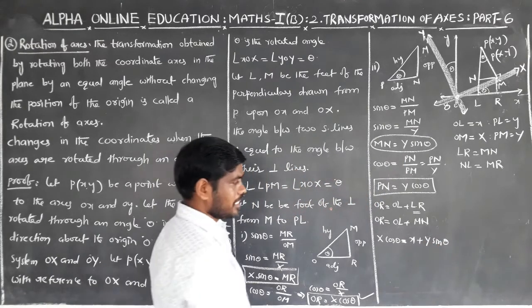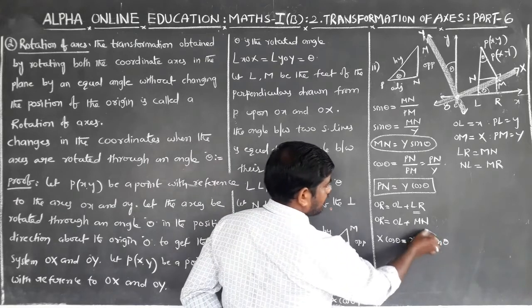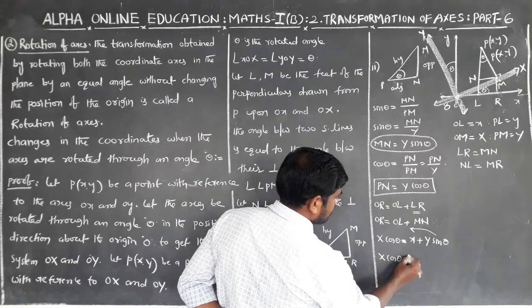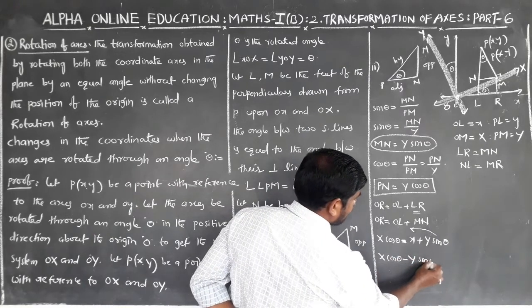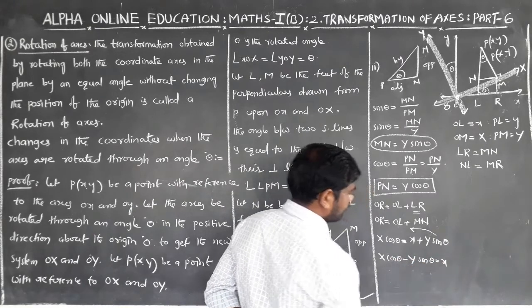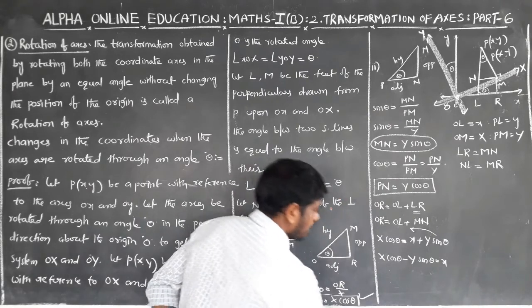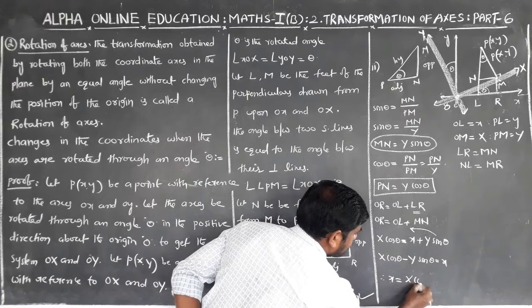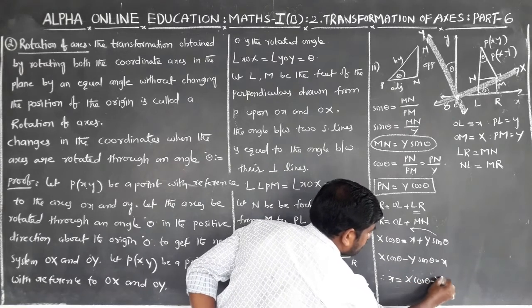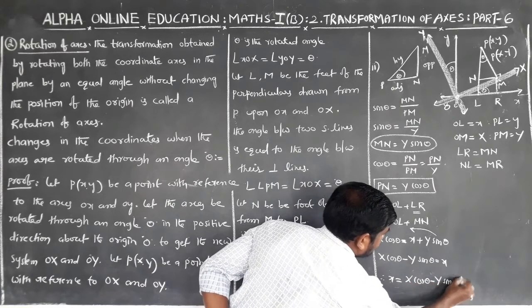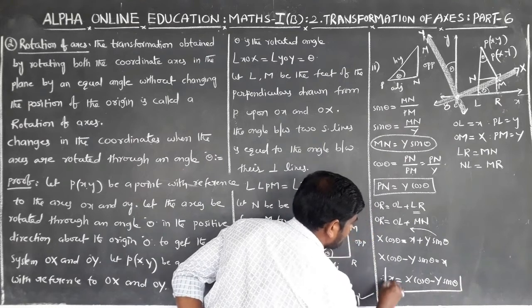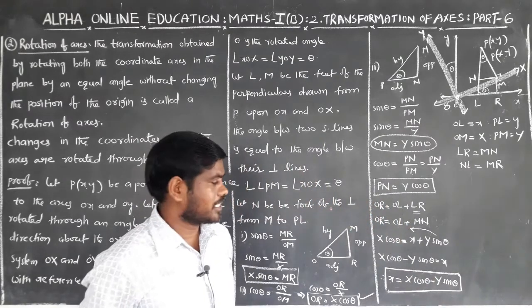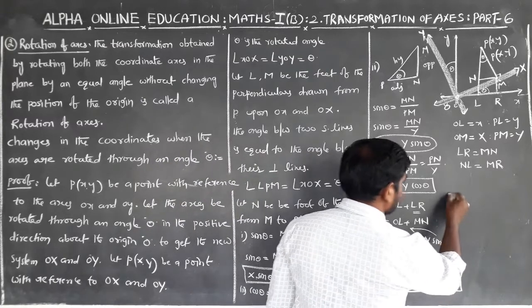Taking capital Y sin theta to the left side, capital X cos theta minus capital Y sin theta is equal to small x. Therefore, small x is equal to capital X cos theta minus capital Y sin theta.